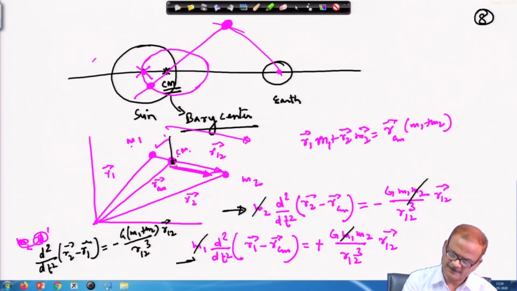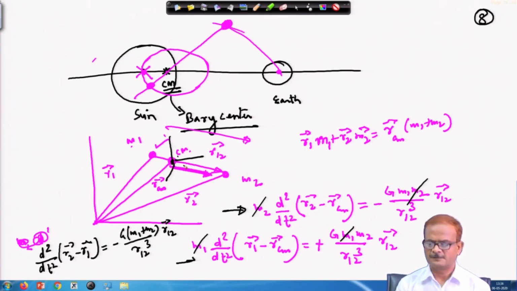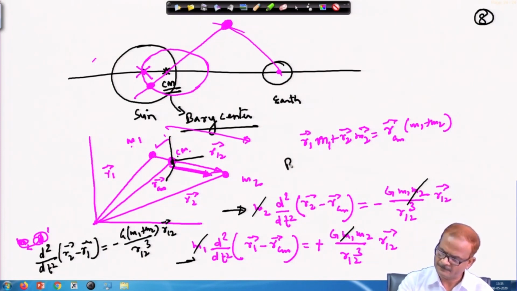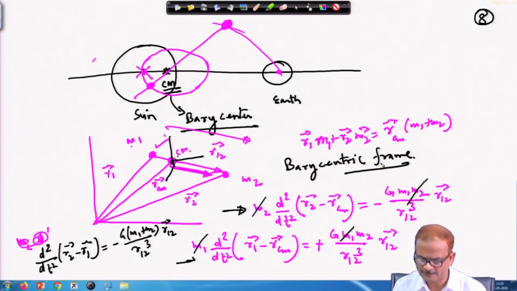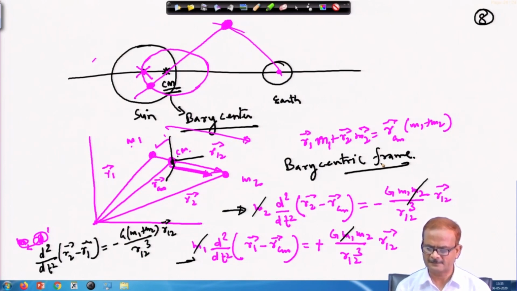If I fix a frame here, this will constitute an inertial reference frame, and therefore I can write the equation of motion with respect to the center of mass, or in the center of mass frame, which we call the barycentric frame. I can write the equation of motion directly in the barycentric frame without hesitating, because this constitutes an inertial frame.